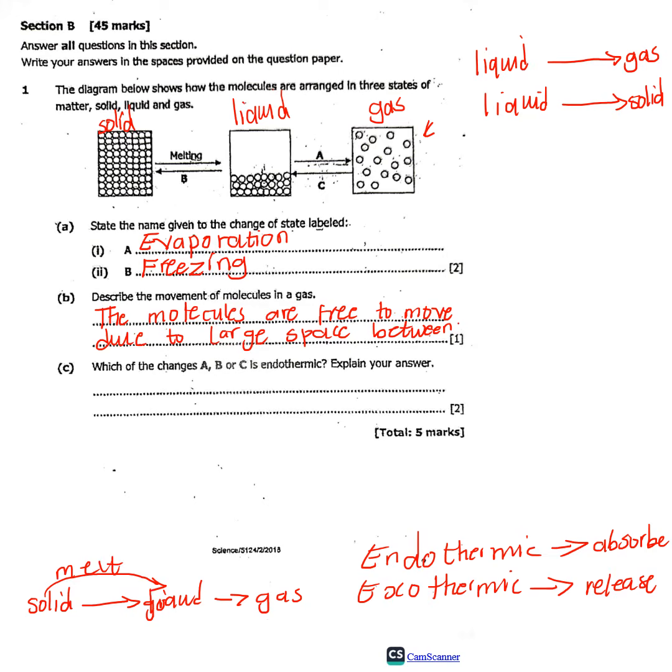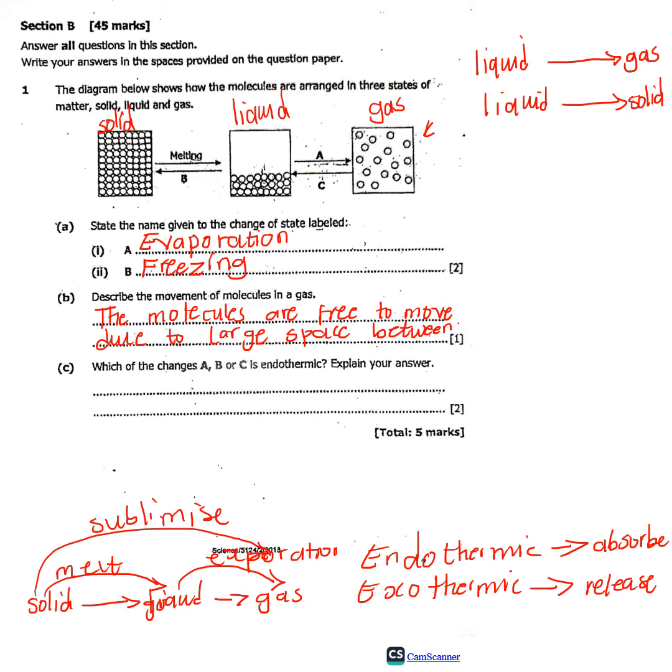So melting is an endothermic reaction. Then for evaporation, you need to heat also. So evaporation is also endothermic. Then for a substance to sublimate, also we are looking at this as endothermic reaction. So melting, evaporation, and sublimation are all examples of endothermic reaction.